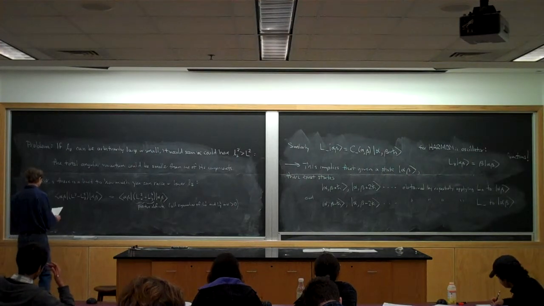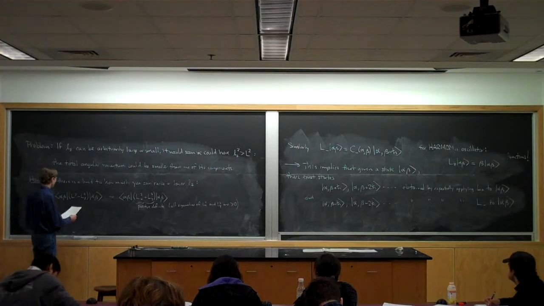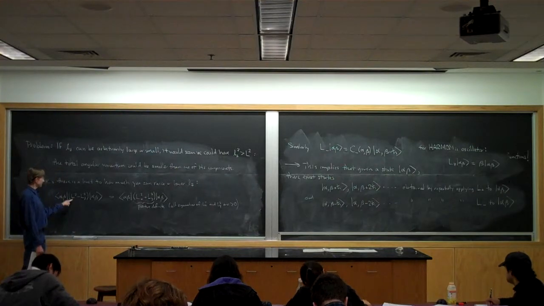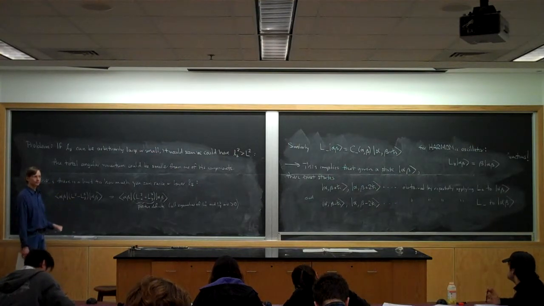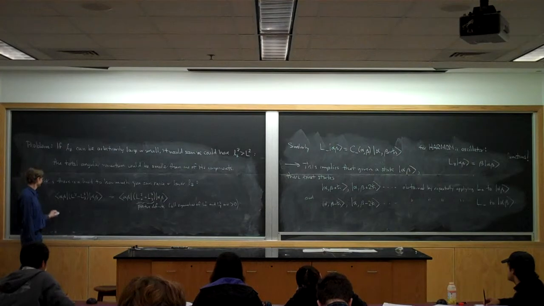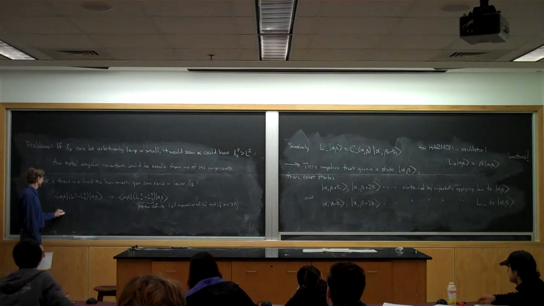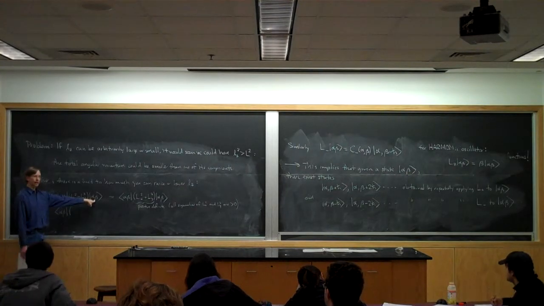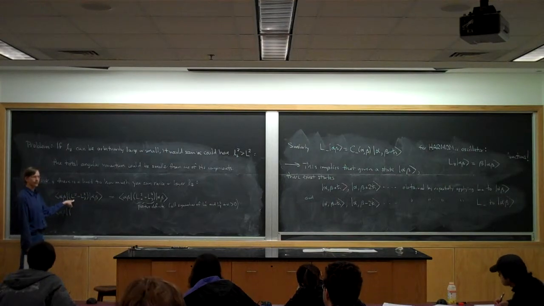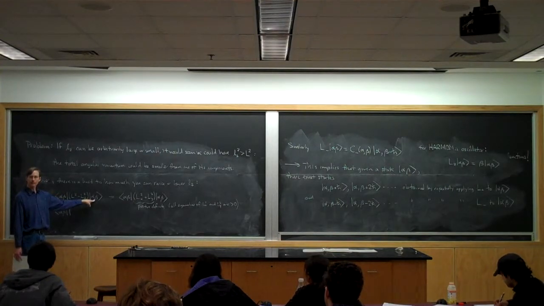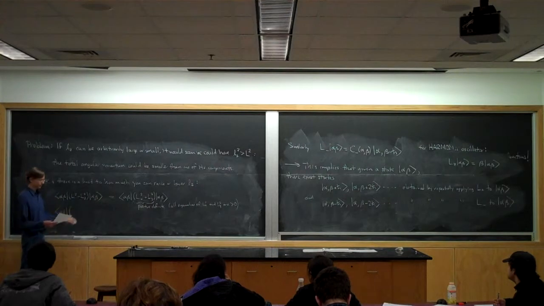Oh, but wait a minute. What is L squared on alpha beta? L squared on alpha beta is an eigenket of L squared, right? So L squared on alpha beta is alpha times alpha beta.